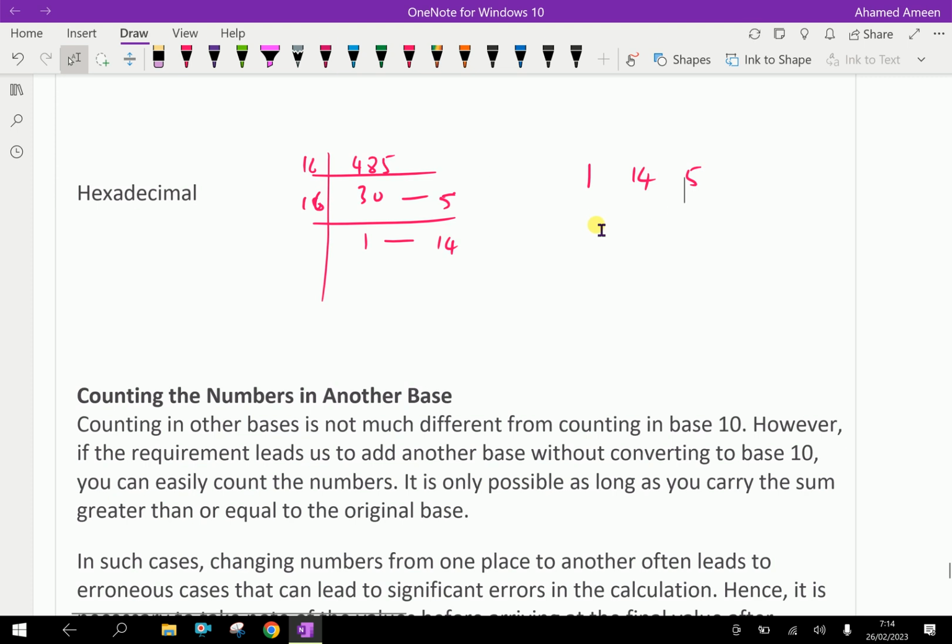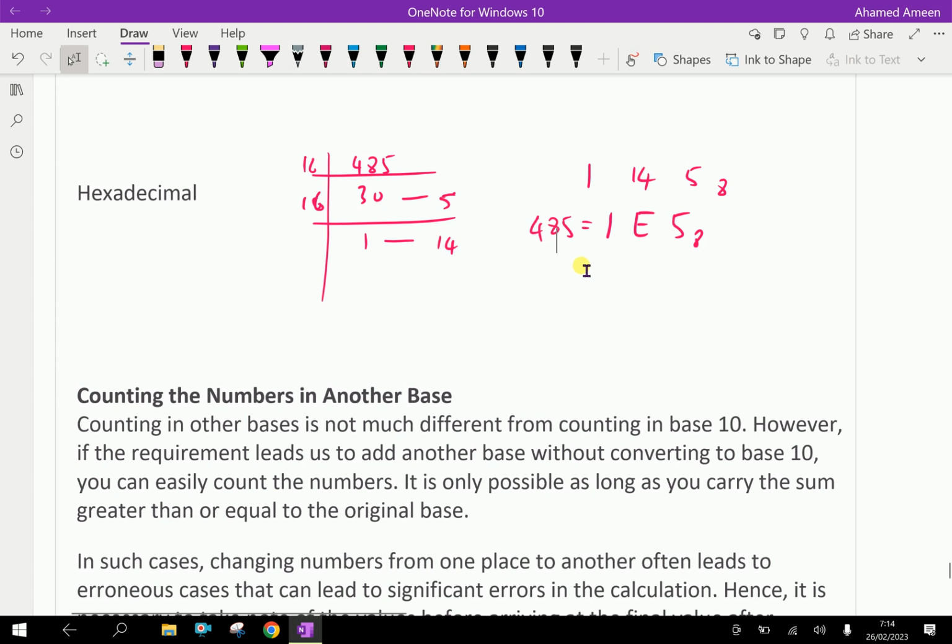Then 10 becomes A, 11 becomes B, 12 becomes C, 13 becomes D, 14 becomes E. So it is 1E5 base 16, which is 485 base 10. So we consider this 485 as 1E5 base 16.